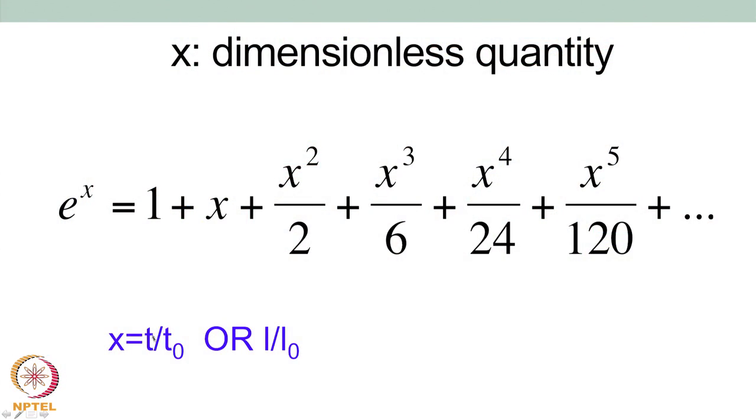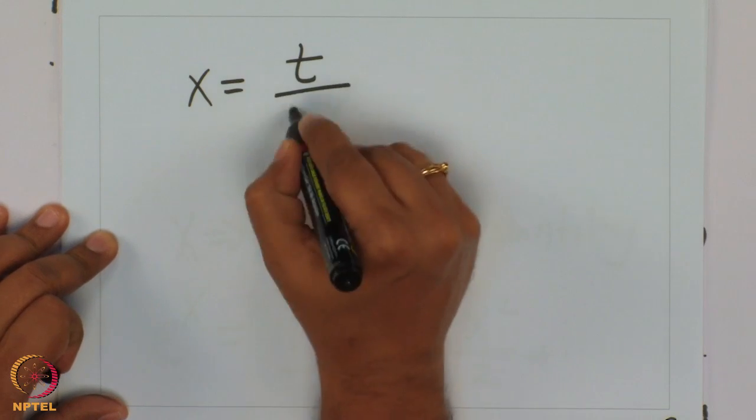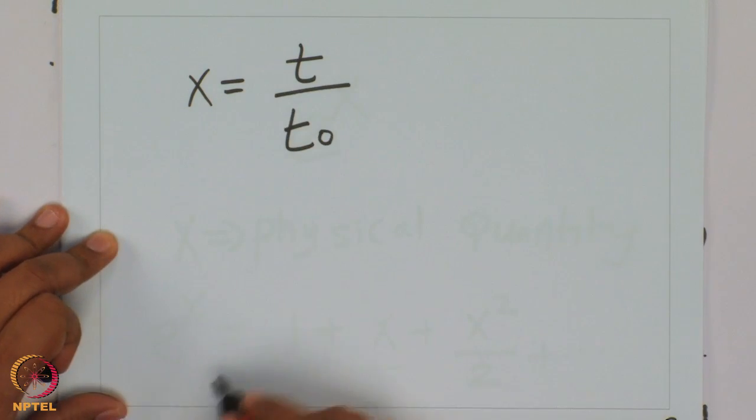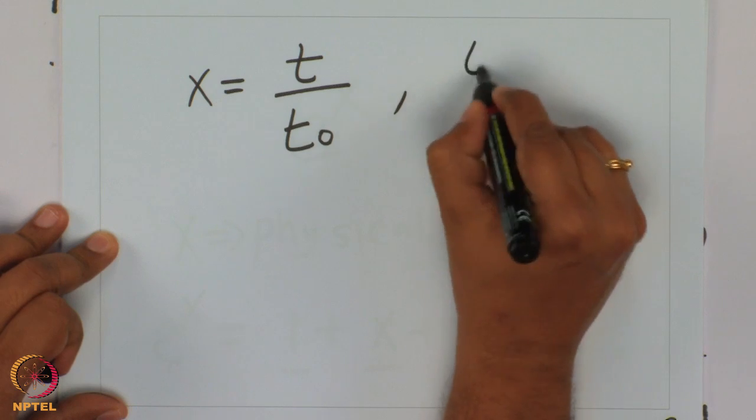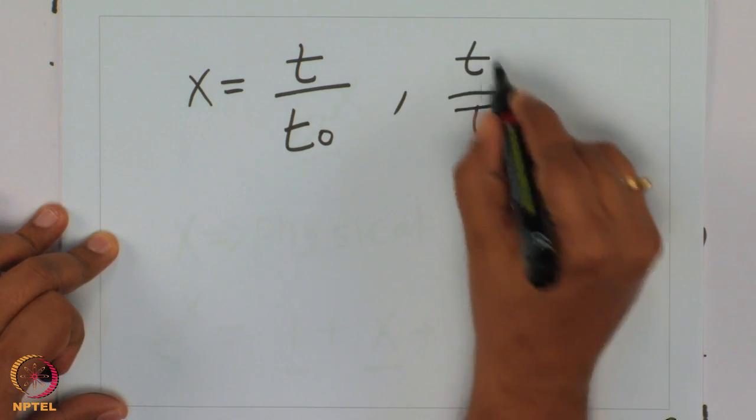Typically, for example, x is some time divided by some other time. So x can be written as a ratio of 2 times. Very often x will be written as t by t0, or sometimes it will be written as t by tau.